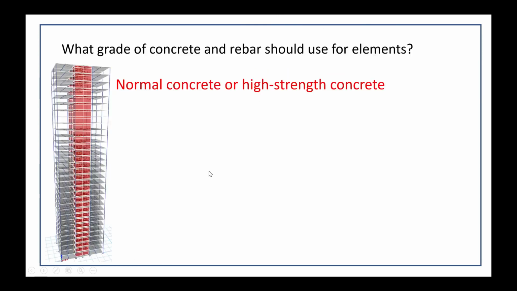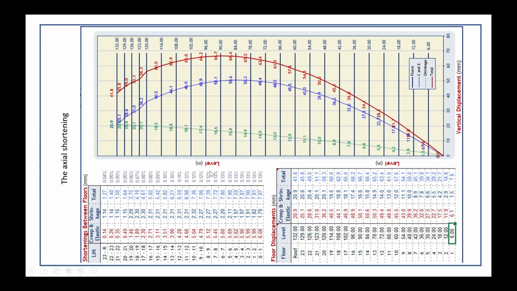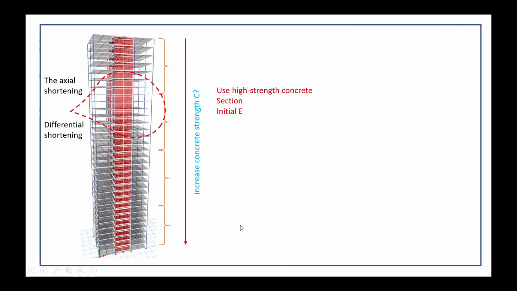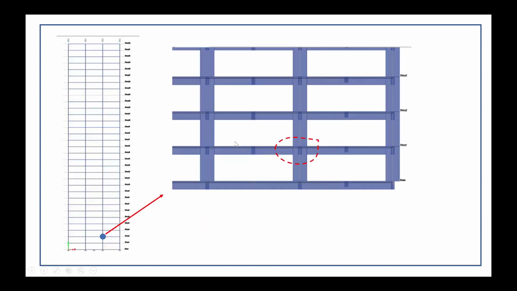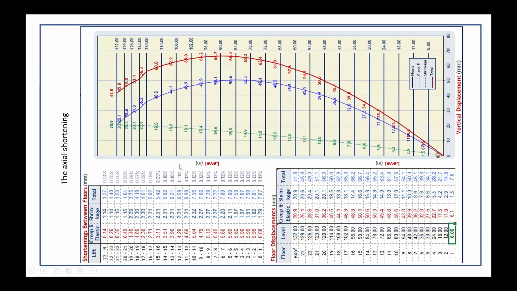Now let's look back at the previous tutorial and discuss the strength of the concrete. We also concern ourselves with axial shortening and differential shortening. In my previous tutorial I talked about the axial shortening of the building. You can check here.